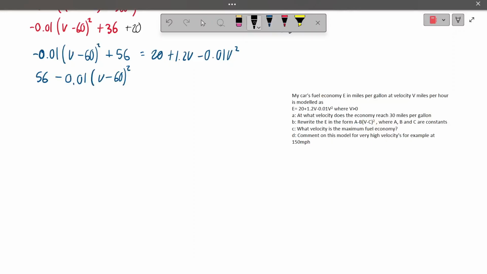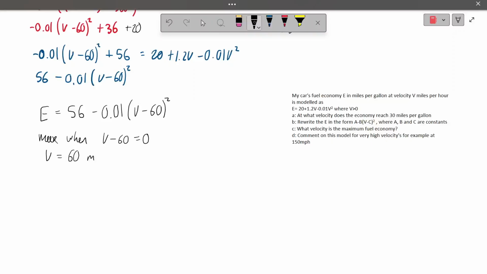So what we're going to do now is look at part C. Part C is what's the velocity at the maximum fuel economy. Our E for the economy is now in the form of 56 minus 0.01 lots of v minus 60 squared. Now the advantage of turning this into completing the square is we go, well, the maximum is when v minus 60 equals 0, or v equals 60 miles per hour.